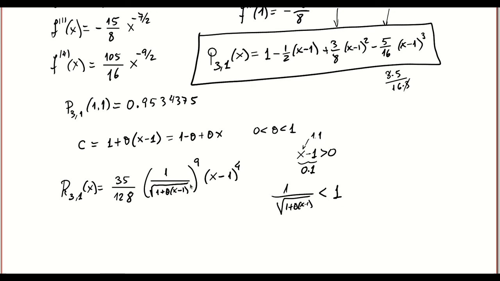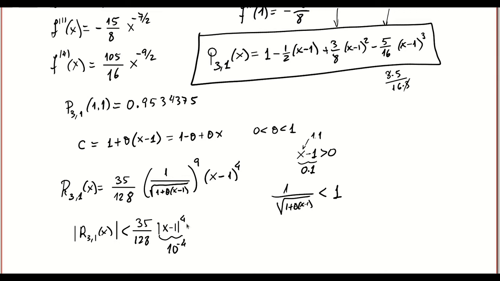So it's very easy. The approximation that we can make here is that the absolute value of the remainder is smaller than 35 over 128. The upper bound of this is 1, and then we have the absolute value of (x minus 1) to the 4th, which, given that x minus 1 is 0.1, is 10 to the minus 4.